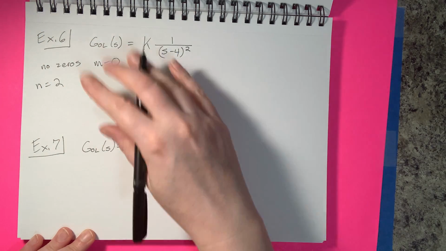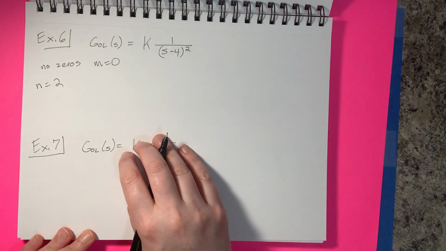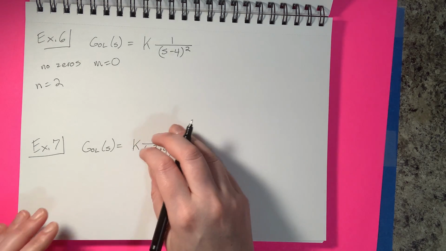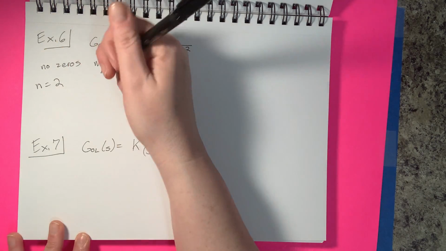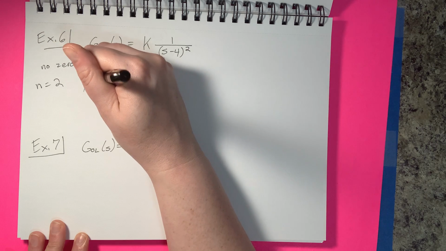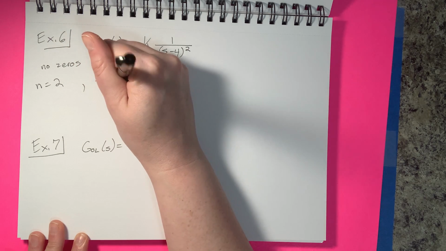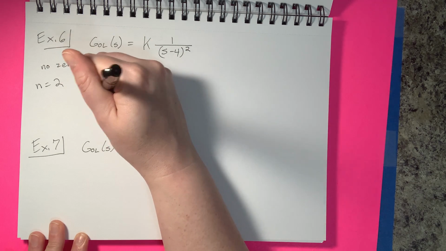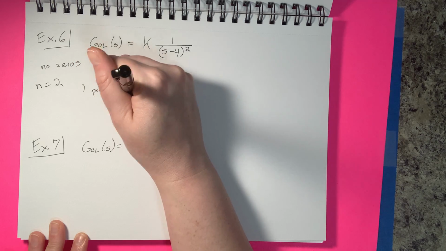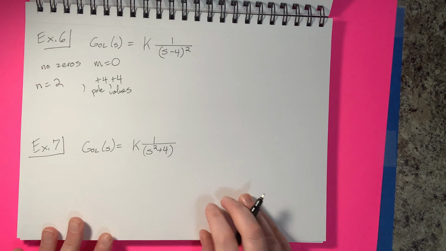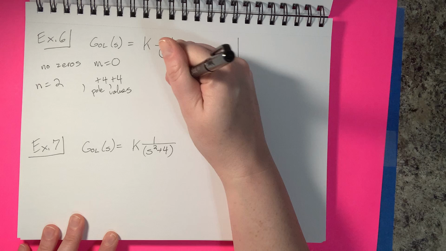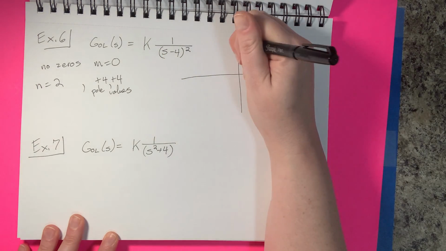We can use our results that we went through in the last example. And then that means that we have +4 for the pole values. Okay. Go ahead and plot this.